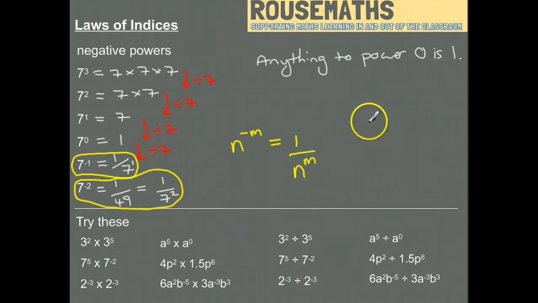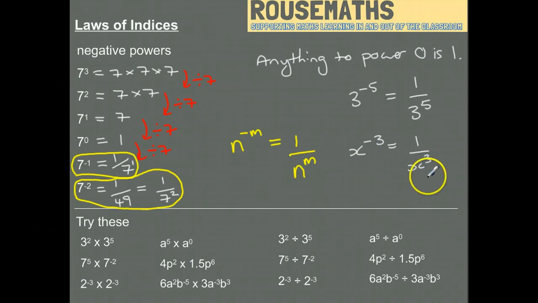A few examples: 3 to the minus 5 is the same as 1 over 3 to the power 5, or x to the minus 3 is the same as 1 over x cubed.